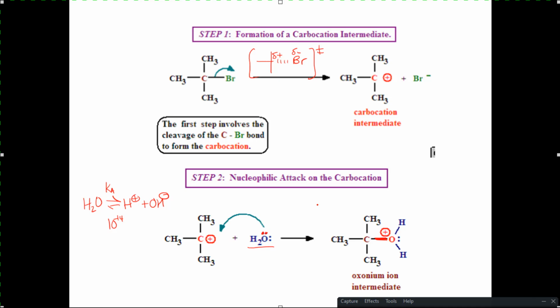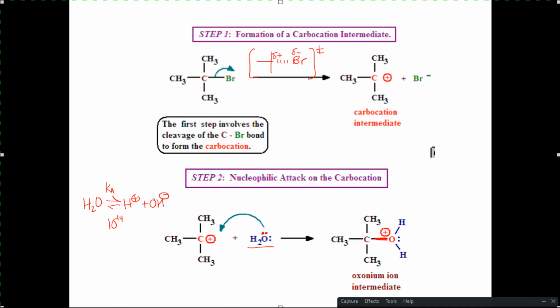Now, here's the critical part about when you're starting to write mechanisms and steps. You cannot create or lose atoms, and you cannot create or lose charge. So when I took this neutral molecule, what did I make? A plus one, minus one. So I didn't lose any charge. When I'm reacting a plus one species with a neutral species, I get a plus one species.